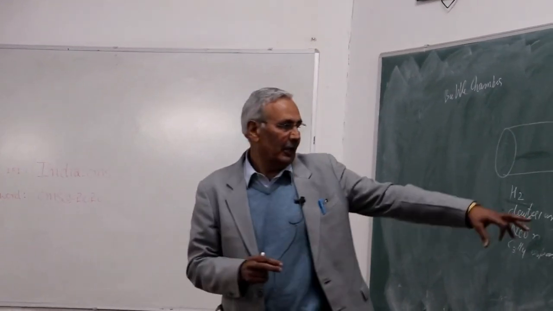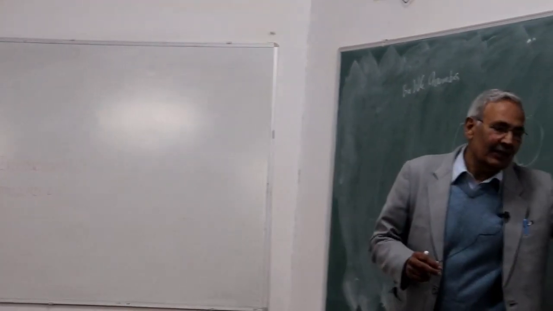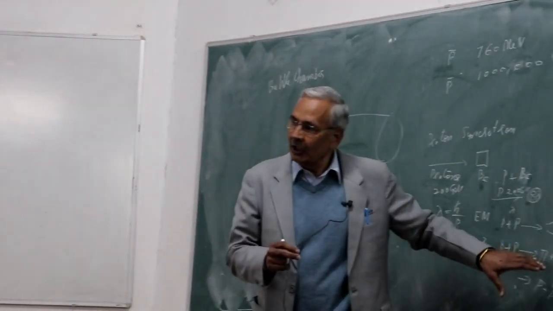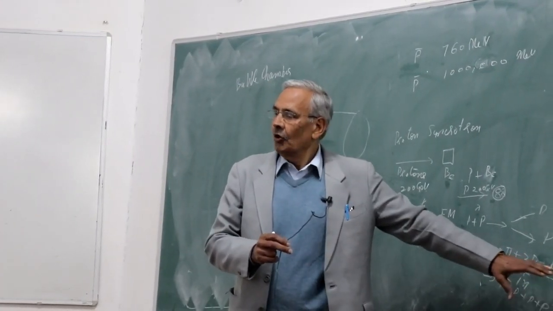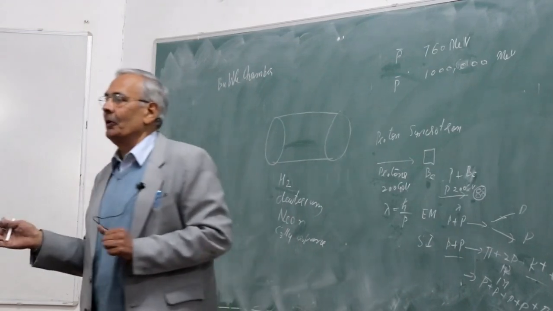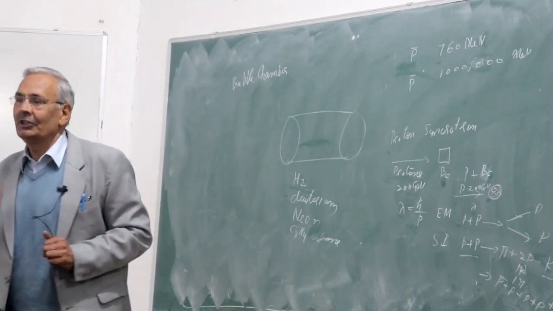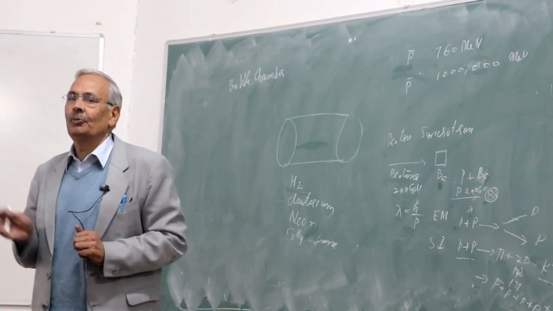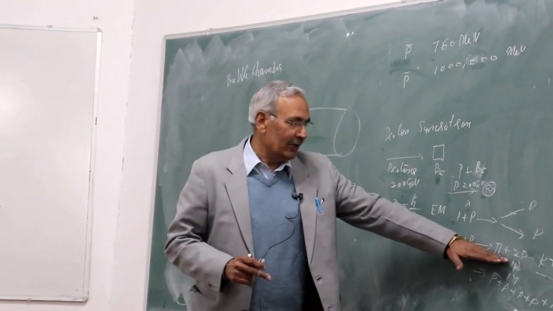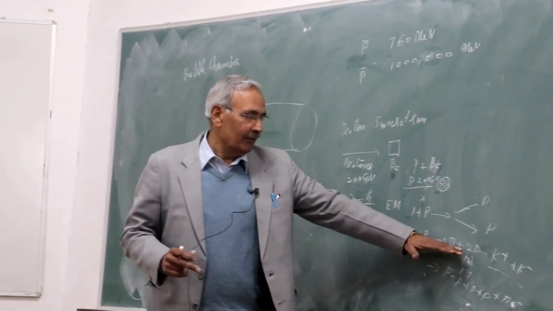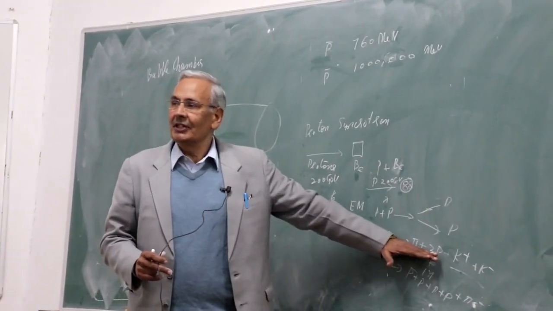But conservation laws have to hold, whether it's strangeness, or isospin, or baryon number conservation. Leptons cannot be produced because this is a strong interaction; leptons are not produced in this interaction. So these are the strongly interacting particles. You can have a lambda particle, which is a strange particle.